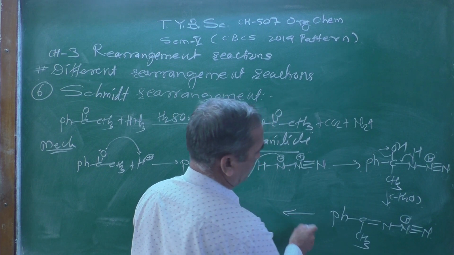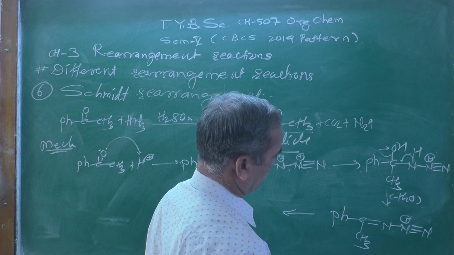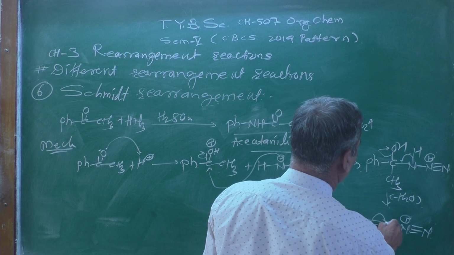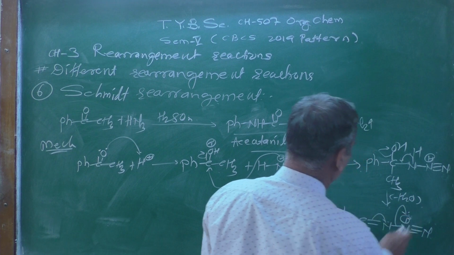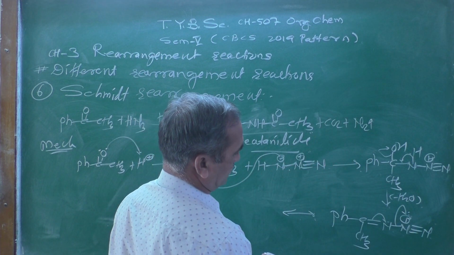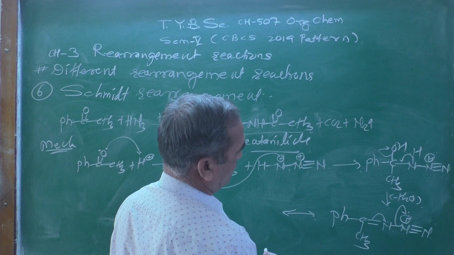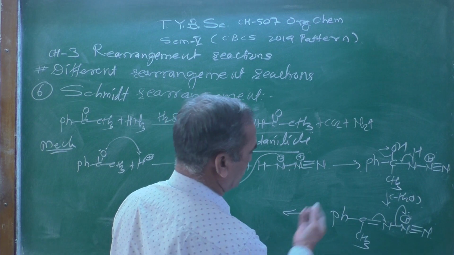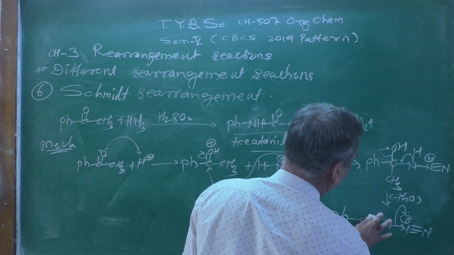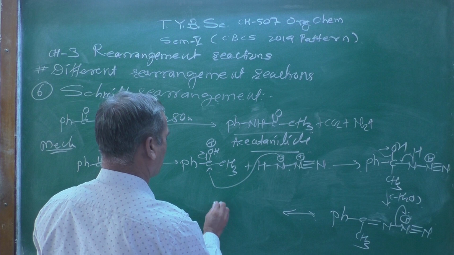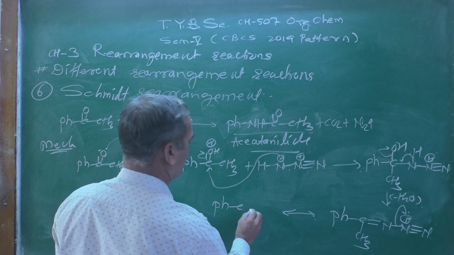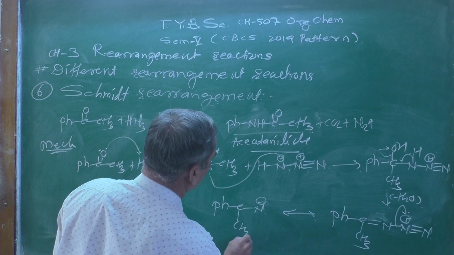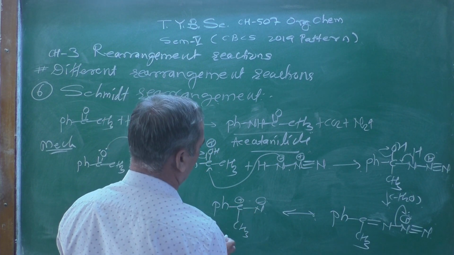Now in the very next step, there is a departure of the nitrogen molecule, so you will get Ph, then C, here we can write N minus charge, then CH3 positive charge over there.